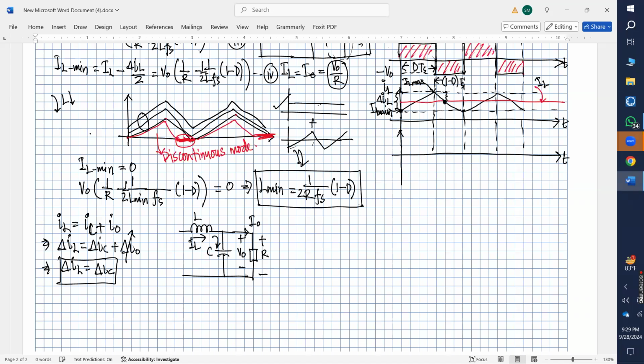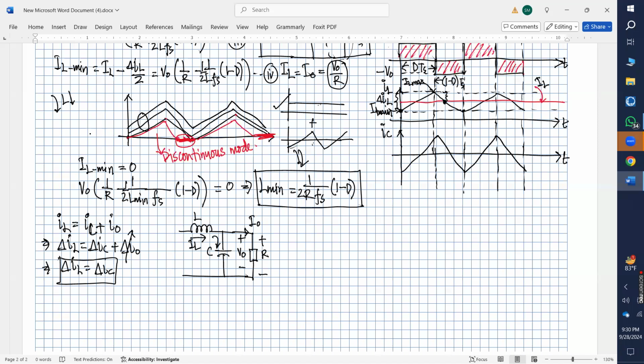So if you draw the waveform for the capacitor voltage or capacitor current, we'll find that it will have a waveform like this. So this is your capacitor current.